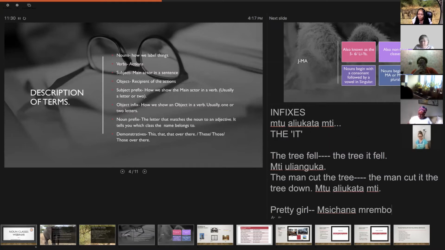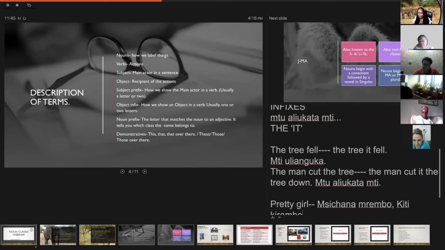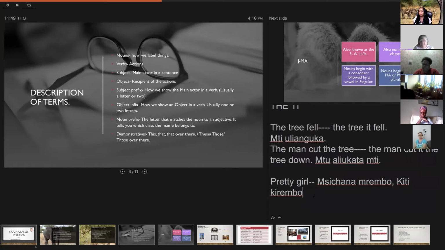Why? Because this is m and that is m. It likes to match. Not always, but for the most part, it likes to match. If I wanted to say a pretty chair, I would say kiti kizuri. Why? Kiti and ki-rembo. So that is the noun prefix.